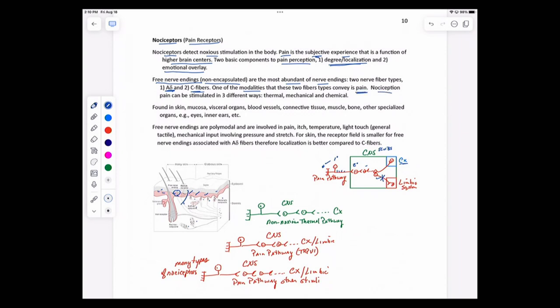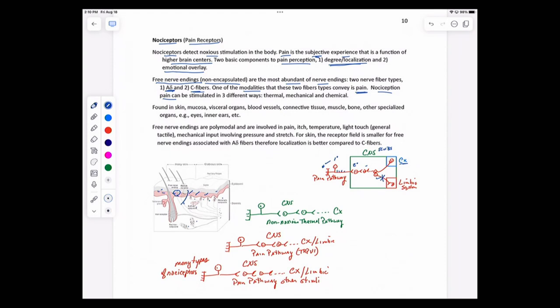And nociception pain is going to be a kind of pain. We're going to find out later that not all pain is nociception pain, but it is a kind of pain. And nociceptive pain is defined as pain that is being generated from the peripheral system of my body, in response to some sort of interaction of these free nerve endings with the environment that would normally cause pain.